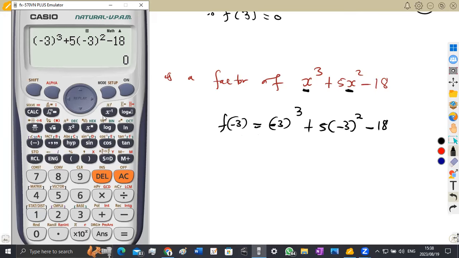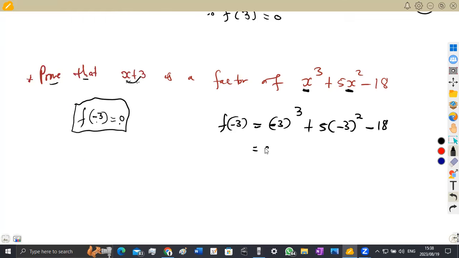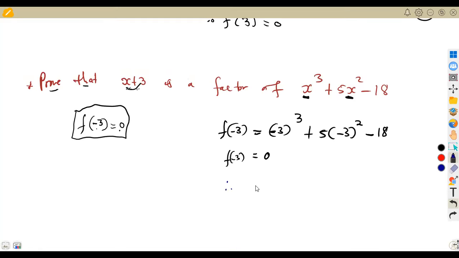If we obtain a 0, what does it mean? It means the factor. Therefore, x plus 3 is a factor of the expression.